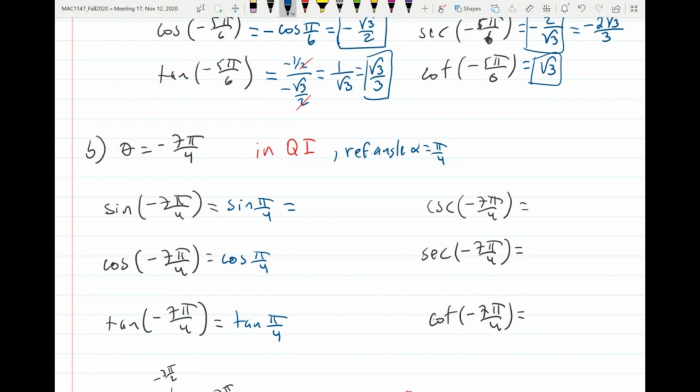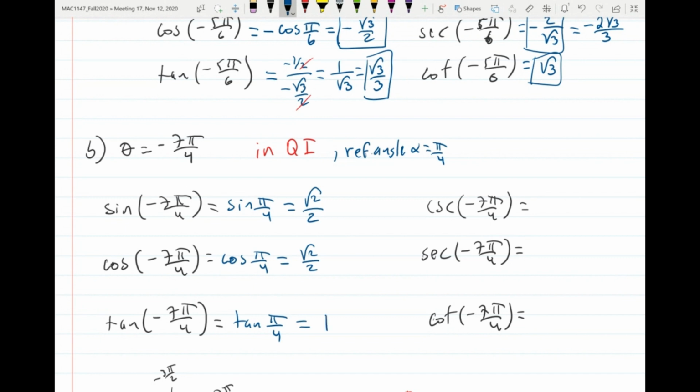Remember, pi over 4 is 45 degrees. What's the sine? Remember that you're expected to know this, right? So square root of 2 over 2. What's the cosine? It's the same, square root of 2 over 2. And therefore, if sine and cosine are the same, what's tangent of pi over 4?